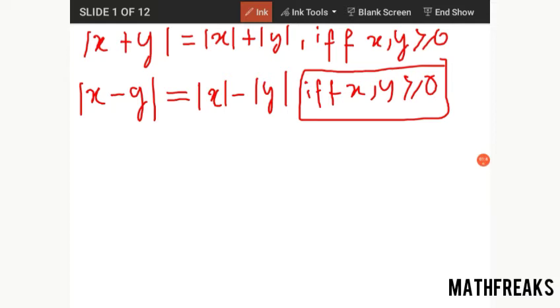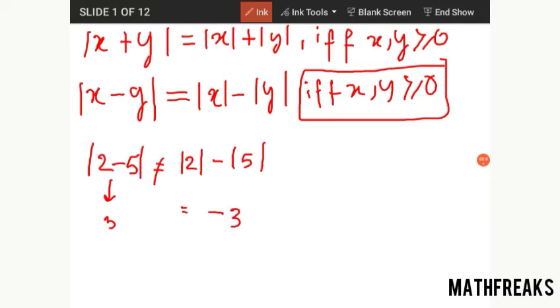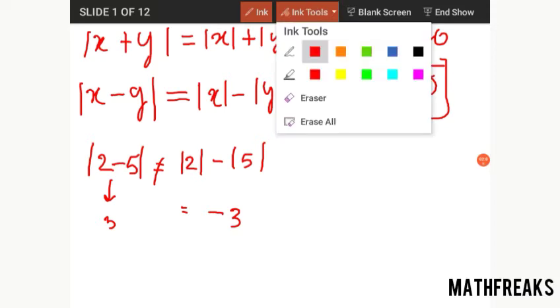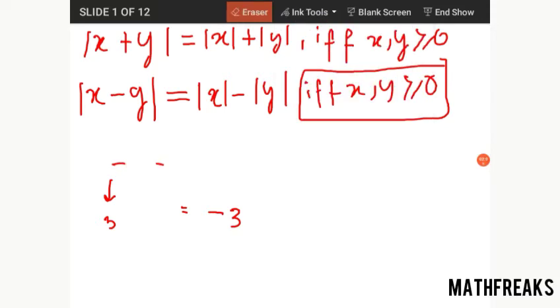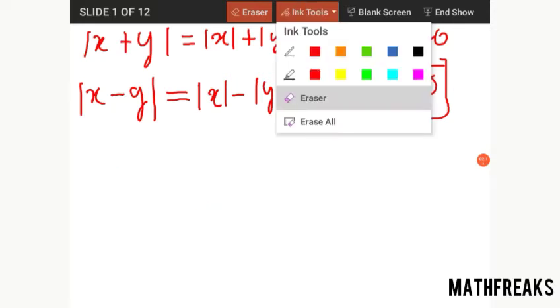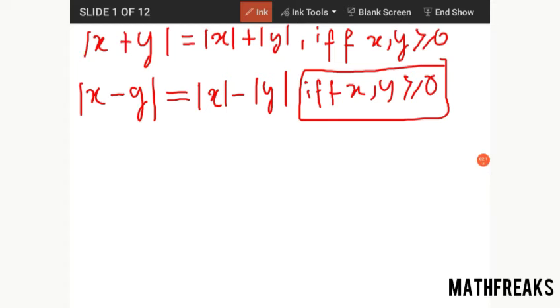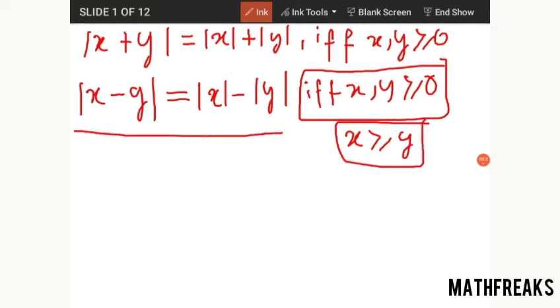Because if I take x as 2 and y as 5, we will get 3, but from here we'll get 2 minus mod of 5, so we are getting minus 3, so this equality is not satisfied. That's why only this condition, that x and y both have to be greater than or equal to 0, is not enough. One condition we have to add here, that is x has to be greater than or equal to y. This is the second condition for this equality being true.